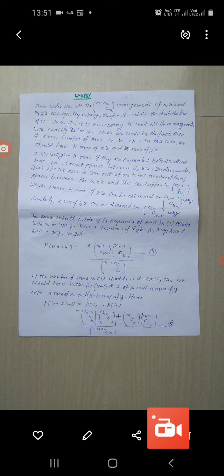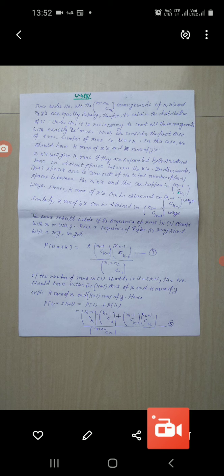In this case we should have k runs of x's and k runs of y's. n1 x's will give k runs if they are separated by k minus 1 vertical bars in distinct spaces between the x's.